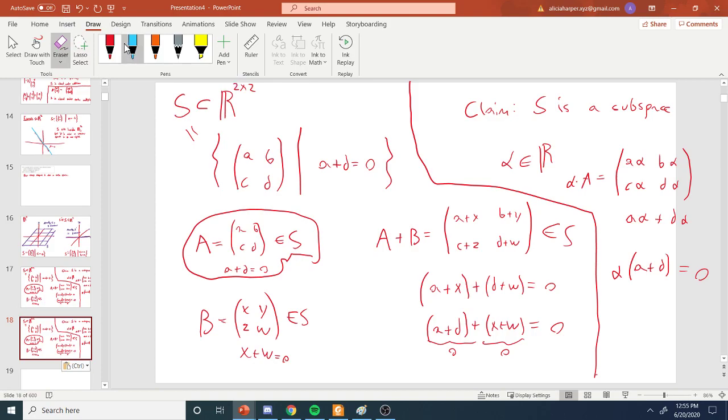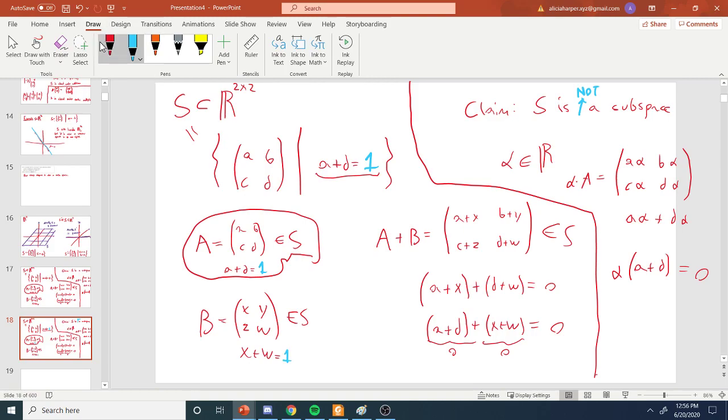Suppose I went back to this condition right here, and I modified it. So I get rid of the 0, and I replace it with a 1. And now I claim that S is not a subspace. Because here we have A plus D is equal to 1, and we have X plus W is equal to 1.